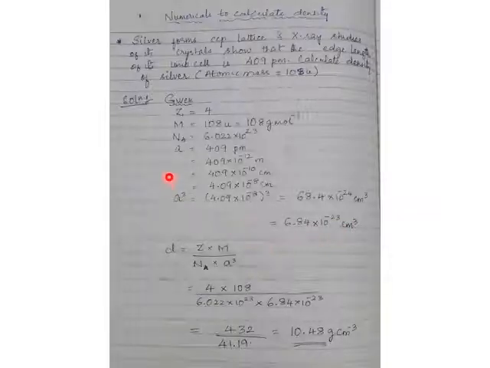So once you are ready with a cube, then you can write the formula. D is equal to ZM divided by Na into a cube. Substitute the value of Z, M, Na and a cube. Then you will get the density value as 10.48 gram per cm cube.